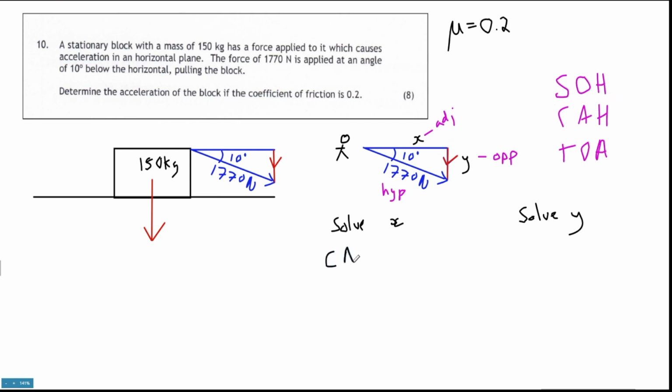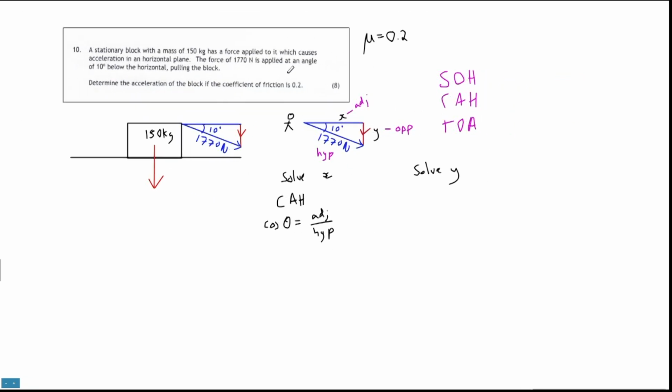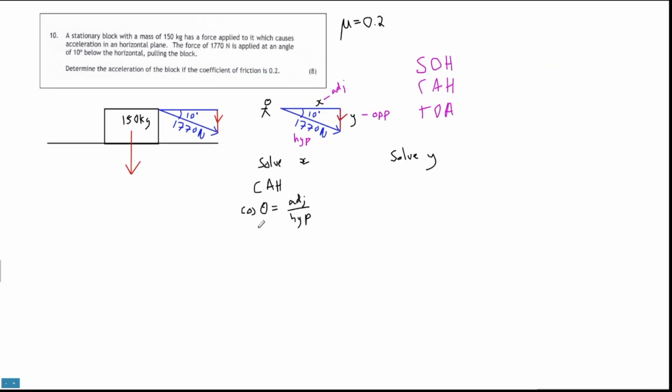We're going to use CAH, which means cosine of the angle is equal to the adjacent over the hypotenuse. We can plug the values into this one. Let's zoom out a bit, get a bit more space. This is going to be cosine of that angle, which is 10, is equal to the adjacent, which is the X, over the hypotenuse, which is this 1770.